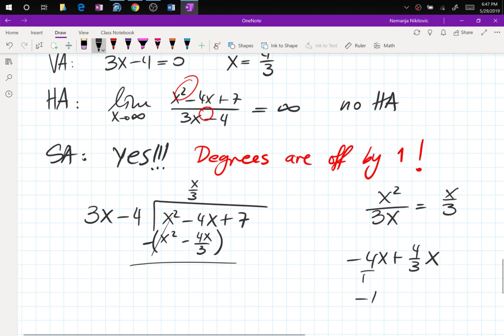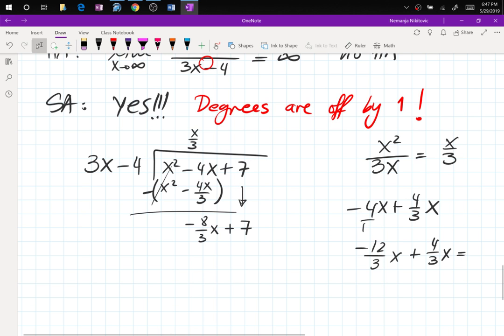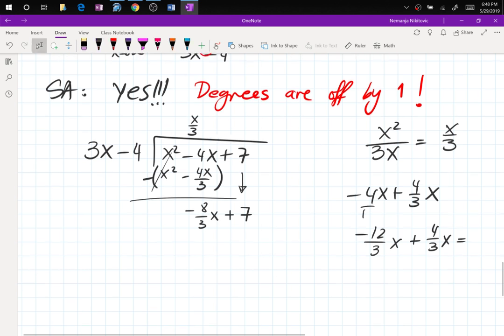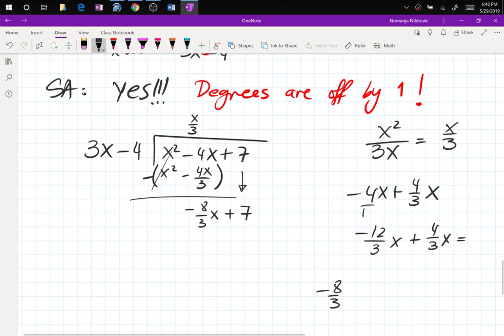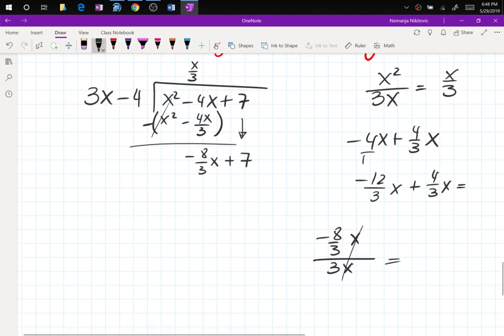That's negative 12 over 3x plus 4 over 3x, for a total of negative 8 over 3x, plus 7. You drop that next value down. So now we need to divide 3x into negative 8x, which is negative 8/3. The x's cancel, and you get negative 8/9 when you do your double fraction.